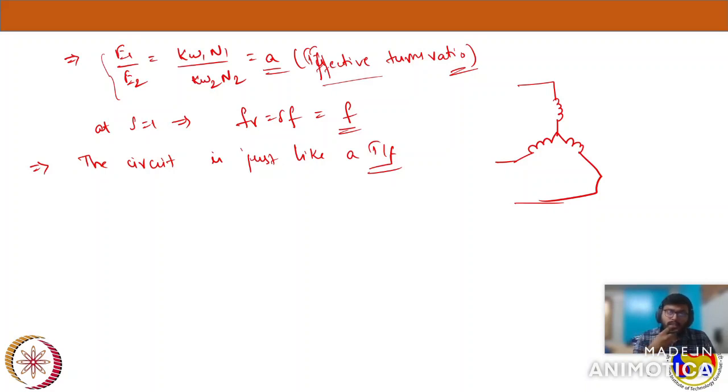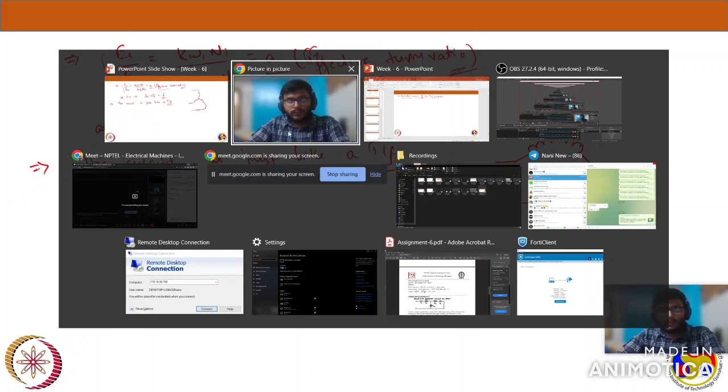Based on R1 and X1, there will be an induced voltage across the winding. If we neglect R1 and X1, the total input supply voltage will appear across the winding, that is E1.